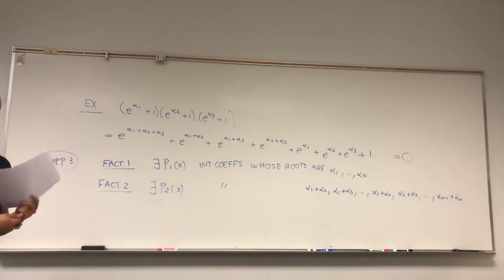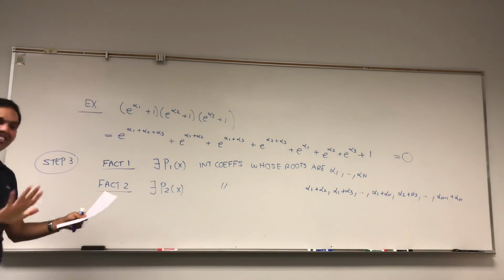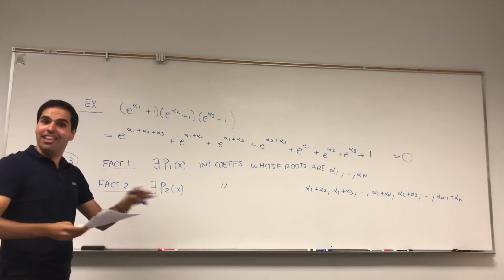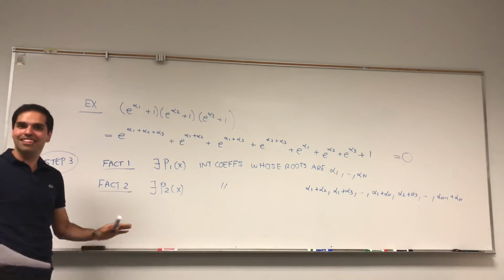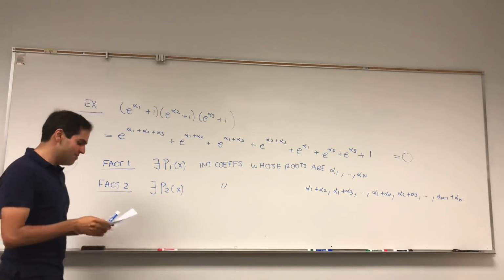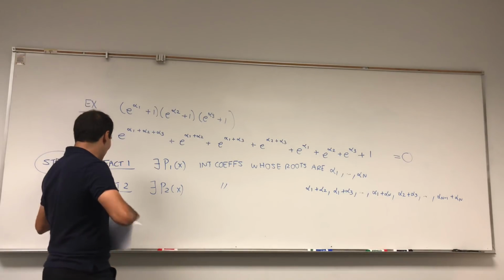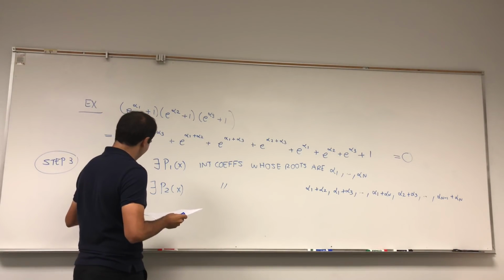I don't know why, but let me just read this to you. And again, don't ask me to make a video on this because I've been working on this for 5 days and I still don't get it. But it has to do with elementary symmetric functions.